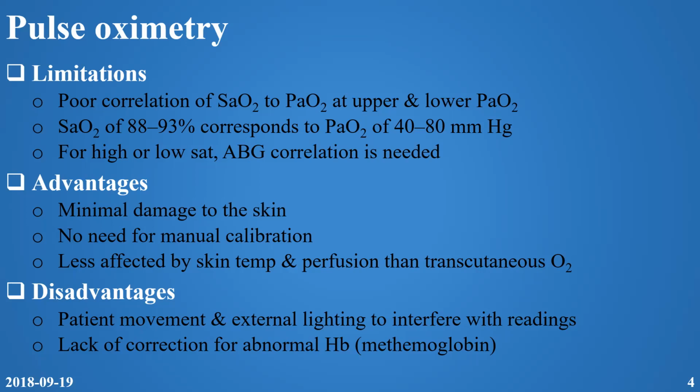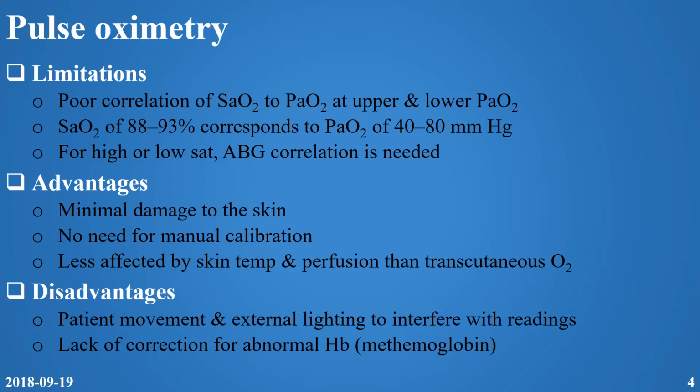A disadvantage: patient movement, light, and frequencies, like mobile phones and TV, affect the result. Light, movement and frequencies, okay? The other disadvantage is that it only measures the oxyhemoglobin.